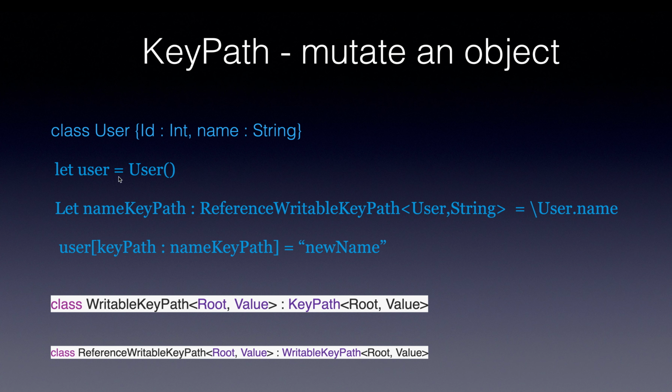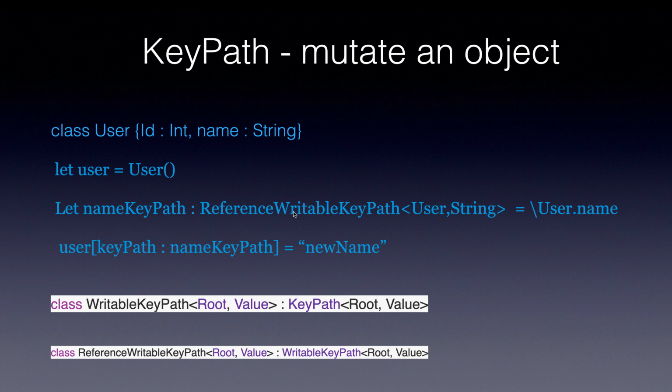To mutate an object of the structure, it must be defined with the var keyword. When it is defined with the var keyword and assigned an instance of the structure, the structure is mutable, but the key path must be a WritableKeyPath.